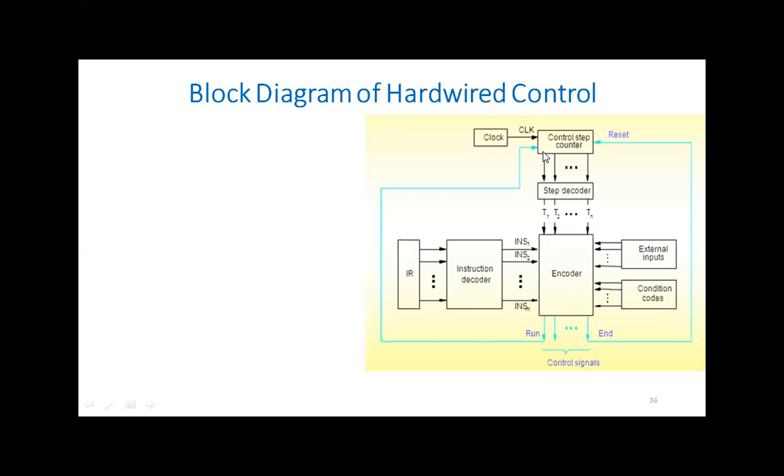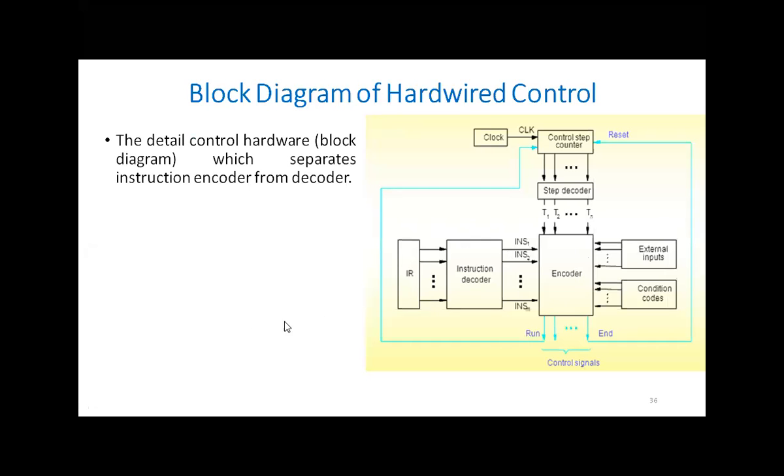At the beginning it is 1, then it is incremented to 2, then 3, like this up to 5, and then it is again reset to 1, and again incremented like that. So this reset is used for that purpose. And this end signal is used to end the execution of the current instruction. So this is the whole picture of the hardware control unit, and this way the hardware control unit generates the control signals, okay. So any question, students?